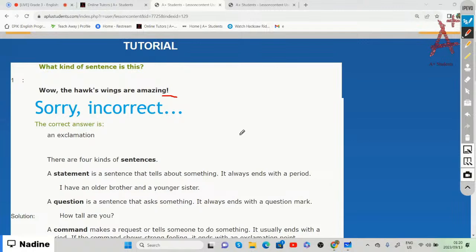In this case, it is an exclamation, and it ends with an exclamation point. So this is an exclamation sentence.